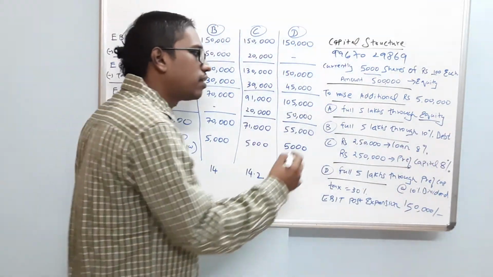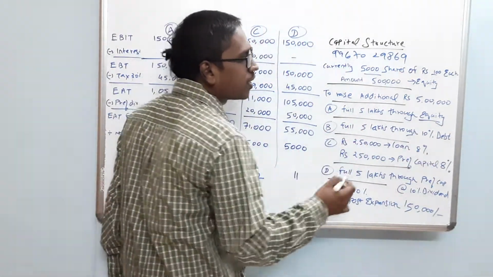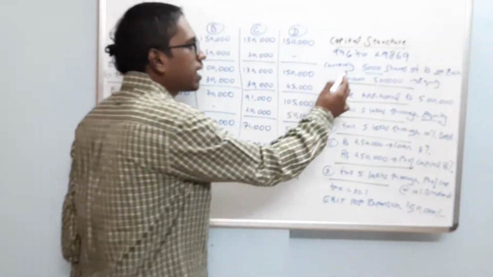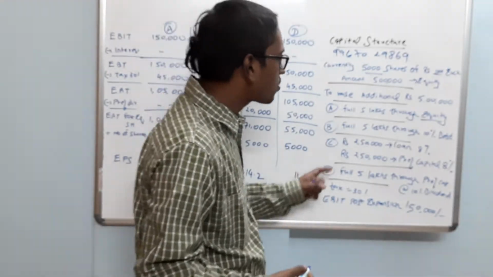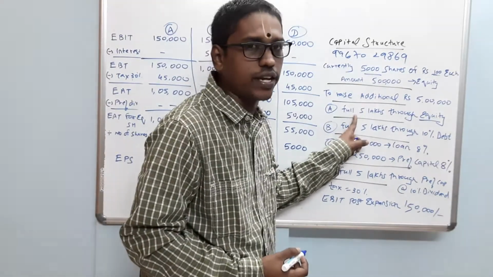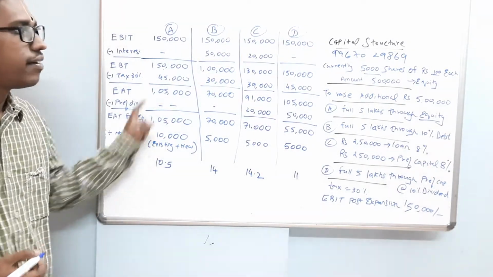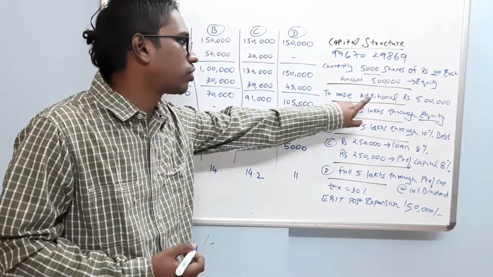Now, another 5 lakh rupees is to be raised. Since nothing is given, this 5 lakh rupees will also be raised at the rate of 100 rupees each. So this is 5,000 existing shares plus another new 5,000 shares. So the total number of shares will now be 10,000, wherein 5,000 is existing, 5,000 is new.